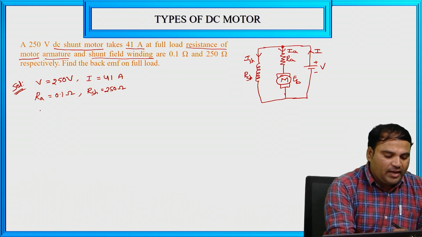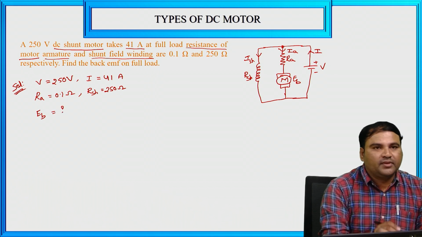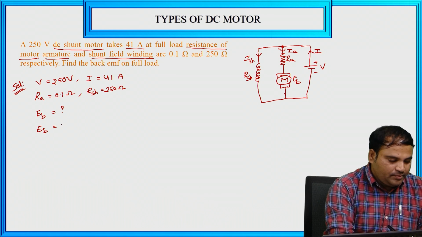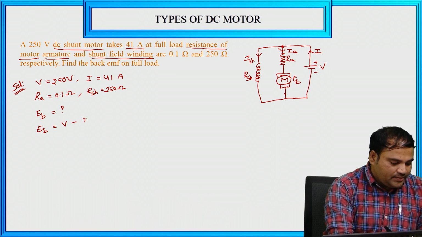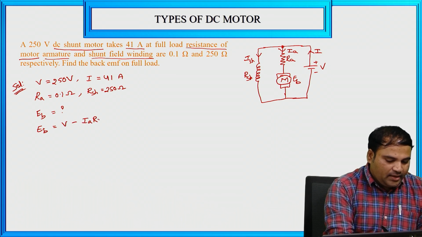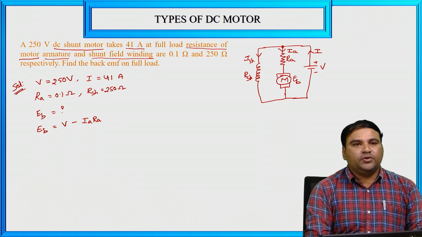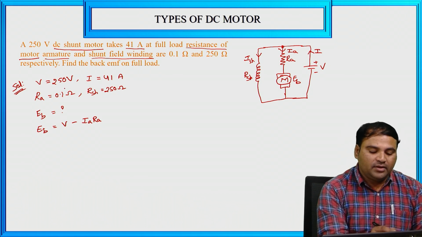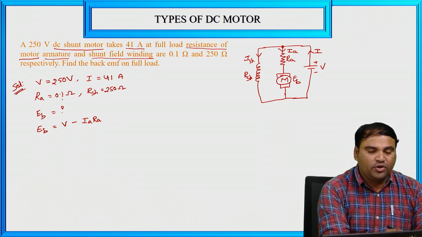Now we have to calculate the back EMF EB, where EB equals, the equation is V minus IA RA. Here the total supply voltage is 250 volts, and the armature resistance is 0.1 ohm.